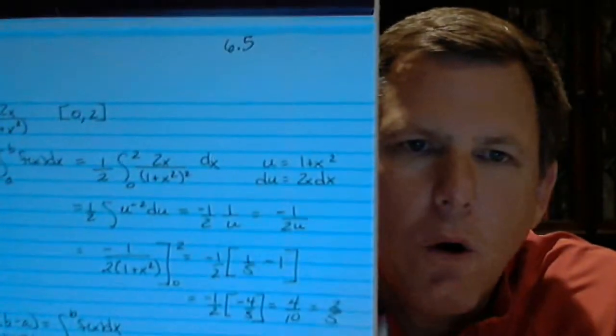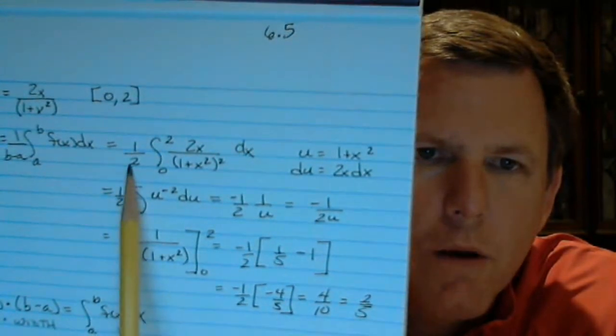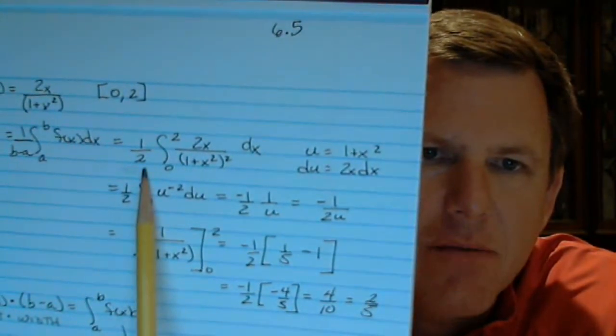So if we find the right-hand side, if we find that integral, which you and I just did, and go all the way back up to the top of the page, here's the 1 over b minus a. It's a half.